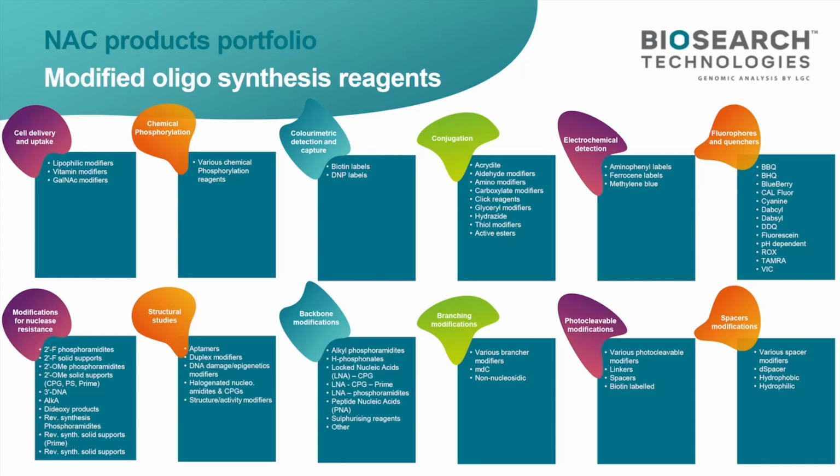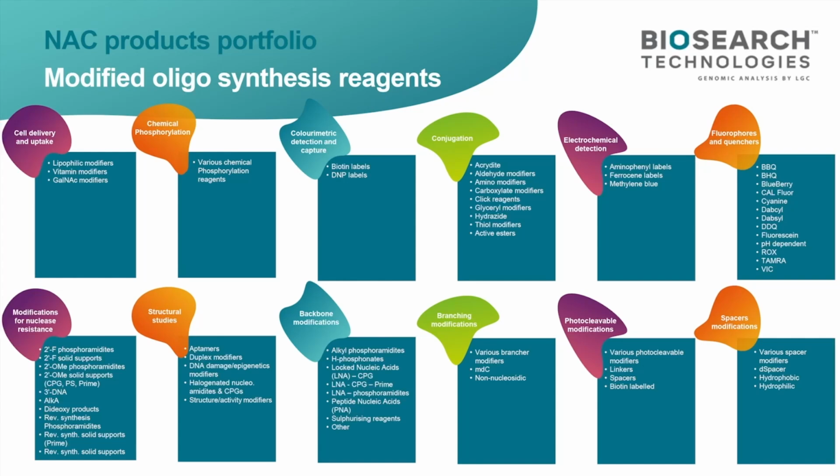Then there is colorimetric detection, conjugation, electrochemical detection, fluorophores and quenchers, which is quite popular right now because of COVID testing or in the MDX field. So you have your Black Hole Quenchers, Blueberry quenchers, TAMRA, and you have multiple fluorophores that go with it.